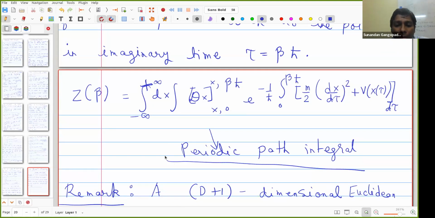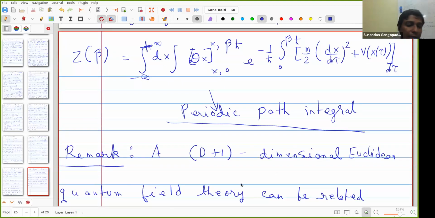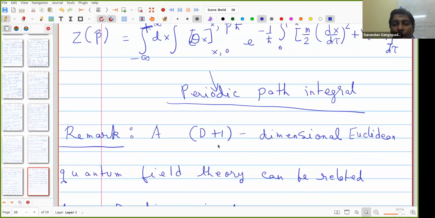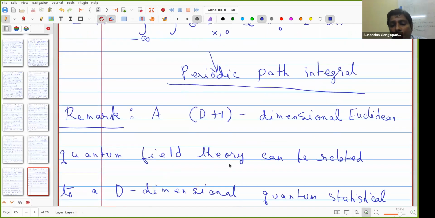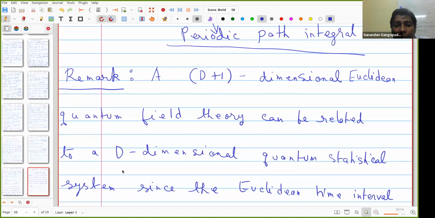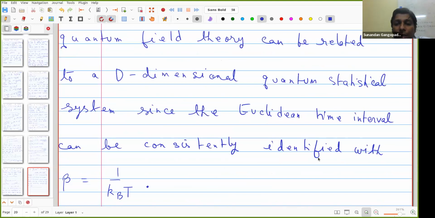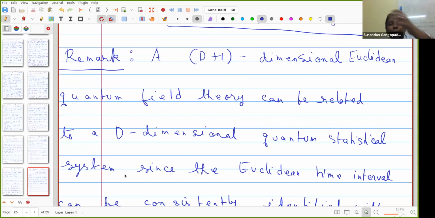A small remark is in order at this point, but it is a very important remark. The remark is the following: the path integral formulation also goes through in quantum field theory. A d plus 1 dimensional Euclidean quantum field theory can be related to a d-dimensional quantum statistical system, since the Euclidean time interval can be consistently identified with beta is equal to 1 by kBt. So at the quantum mechanical level, quantum mechanics, you can see it as a 0 plus 1 dimensional field theory, right?